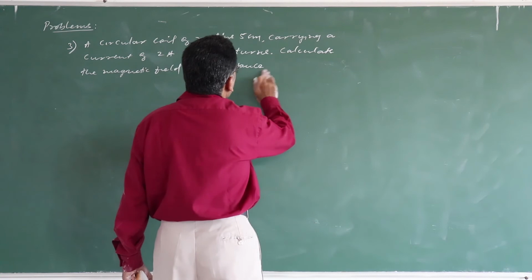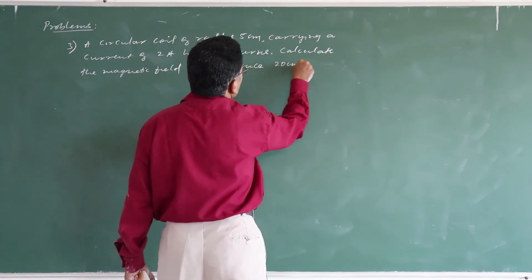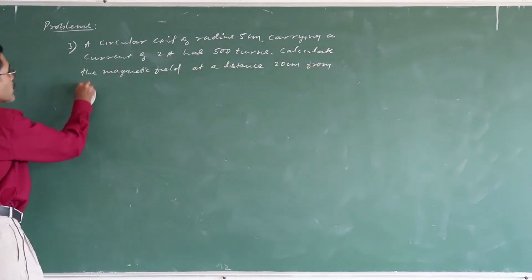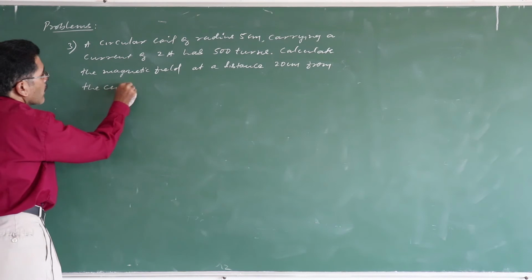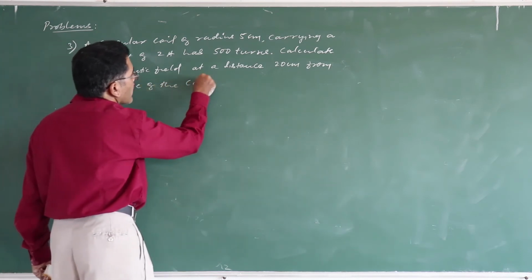Calculate the magnetic field at a distance 20 centimeter from the center of the coil along its axis.